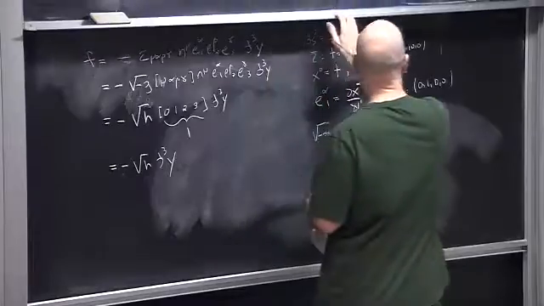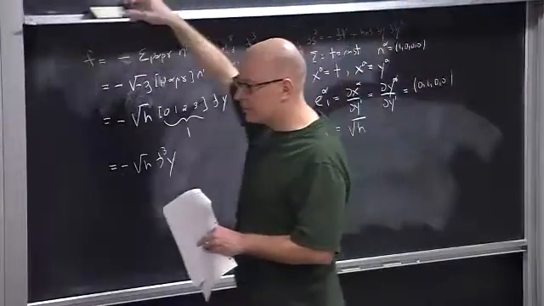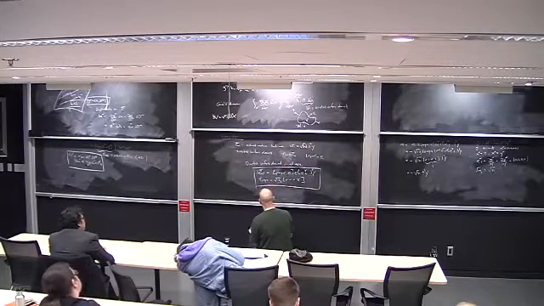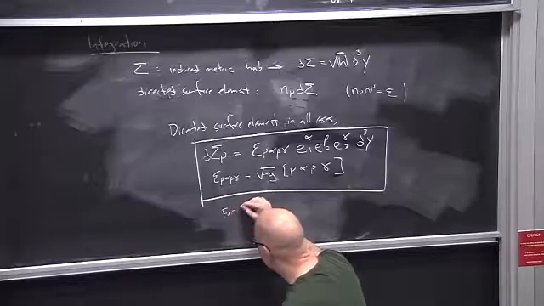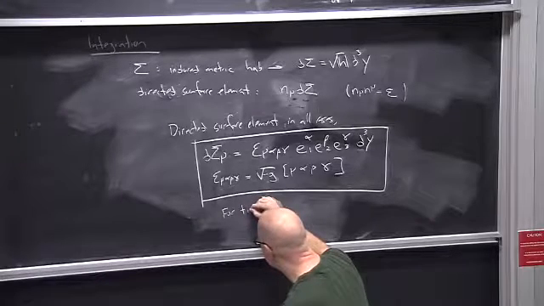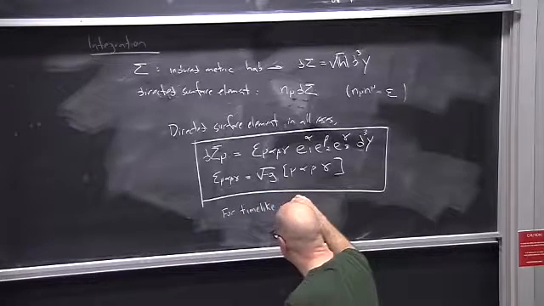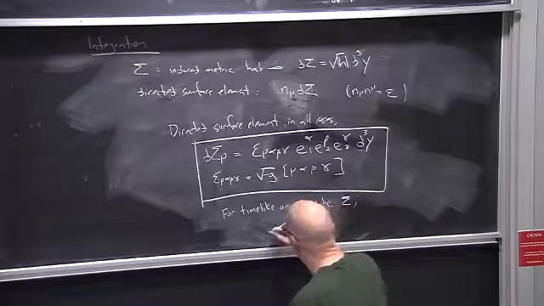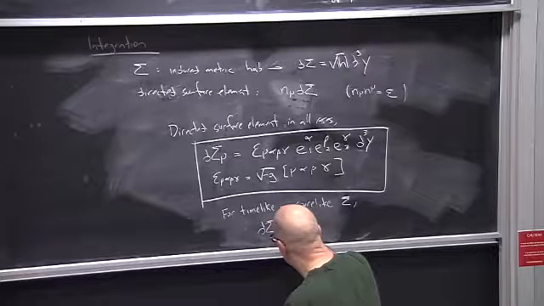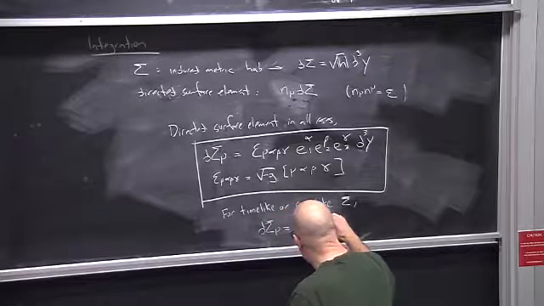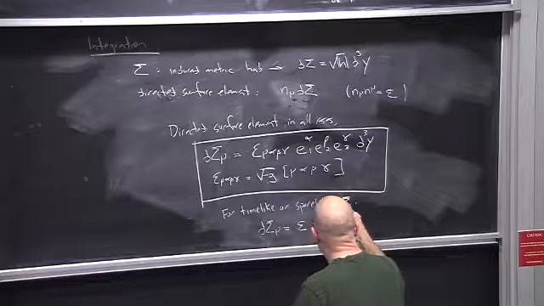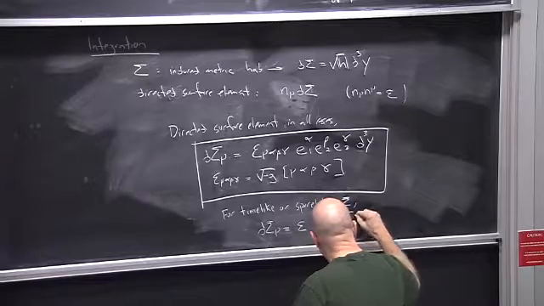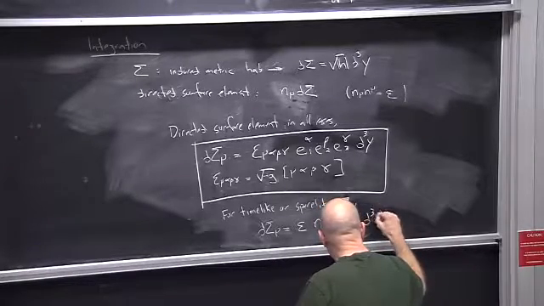So the conclusion of a fuller analysis would be the statement that for time-like or space-like situation, d sigma mu turns out to be epsilon times n mu times square root of h with absolute signs, d3y.